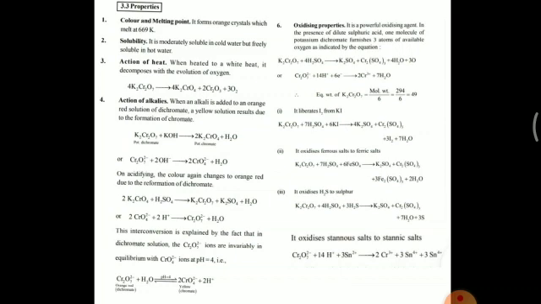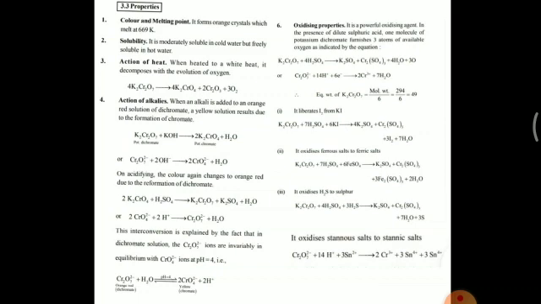molecular mass divided by 6. Molecular weight divided by number of electrons transferred or number of electrons gained, 6 electrons. So molecular mass of potassium dichromate is 294, divided by 6 is 49. So equivalent mass of potassium dichromate is 49.